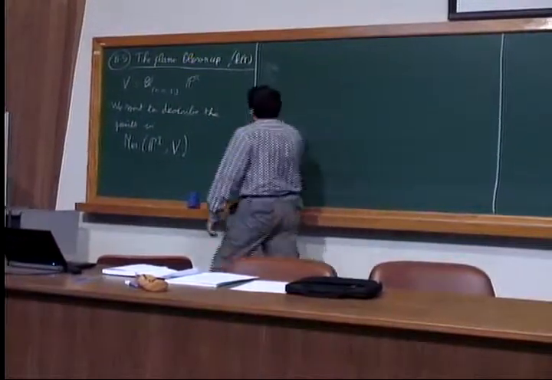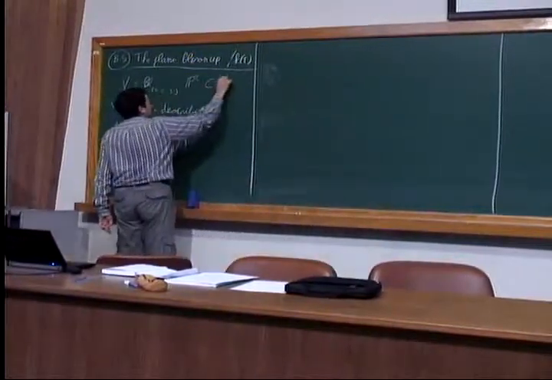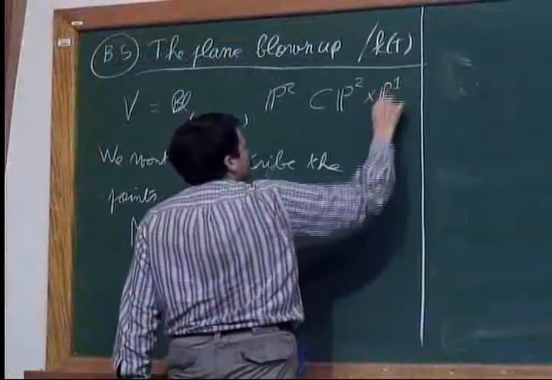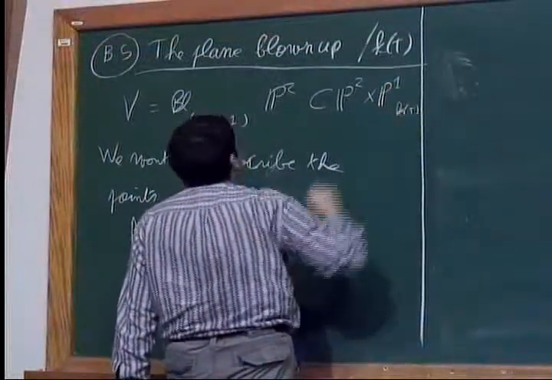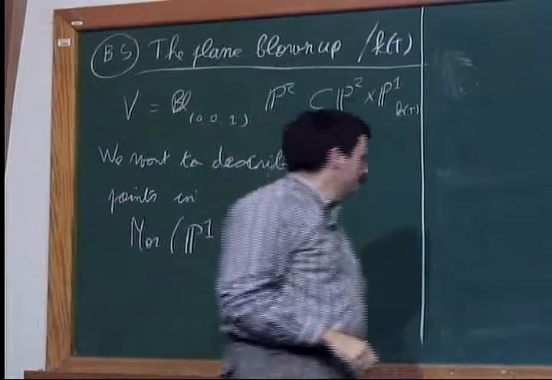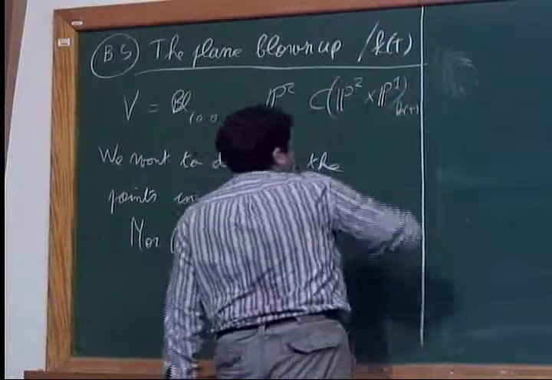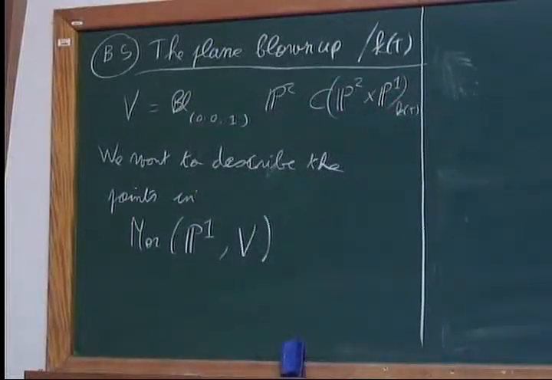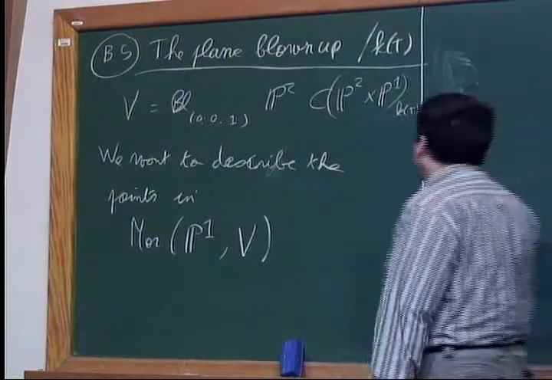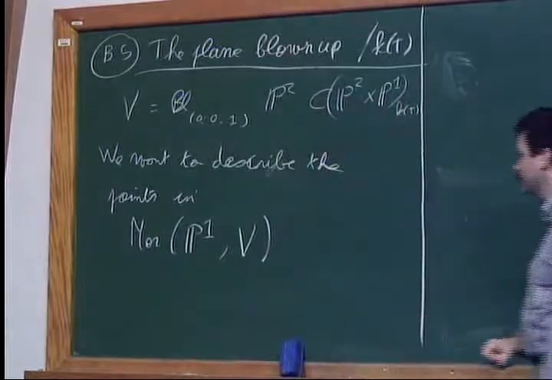So we have seen that V is embedded into, if I take it over K of t, the product of P2 times P1. So this gives a B degree for morphism from P1 to V.